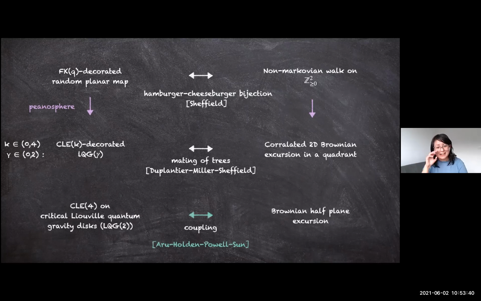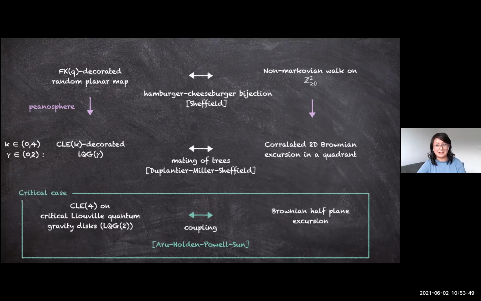And this is where Ellen and her collaborators' work comes in, because we can understand this as the critical case for this mating of trees. So you can think that this is a coupling between these correlated Brownian excursions and these decorated Liouville quantum gravities. But here we have a restriction of the parameters.